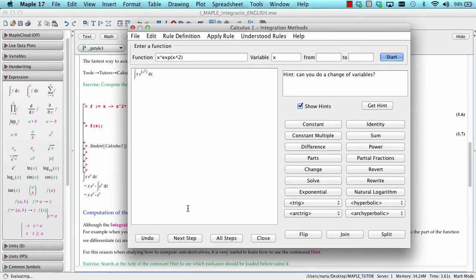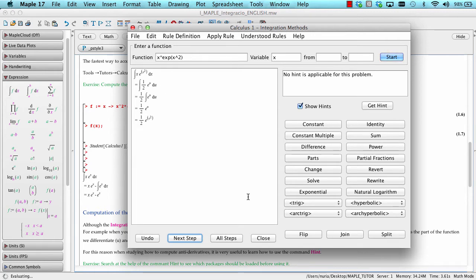And if we do next step, Maple does the change, but it does not say which is the change. Of course, if you see that x squared is replaced by u, you can imagine which is the change in this case. This is really helpful, but Maple does not say all the details of the things that it's applying.